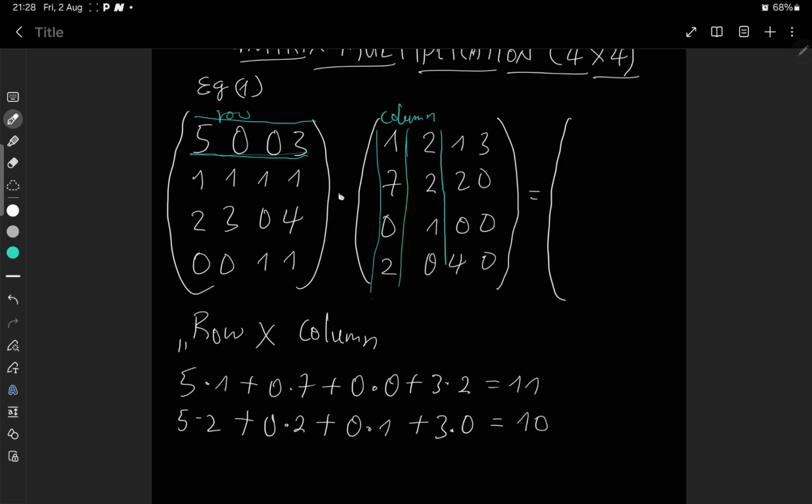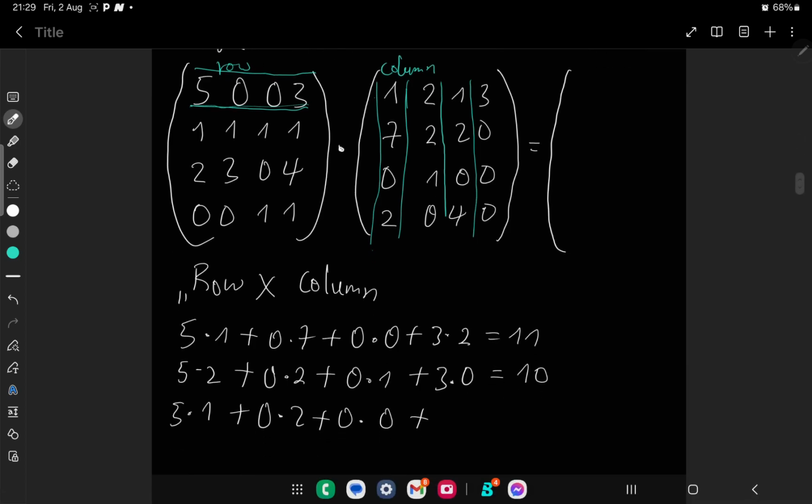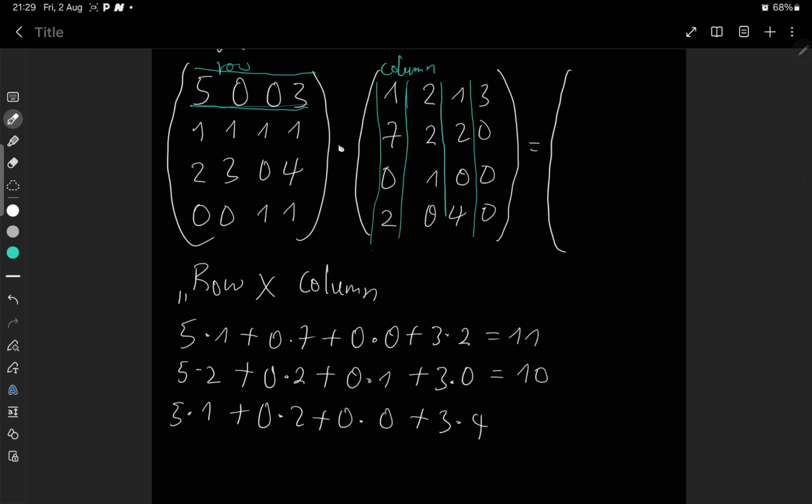So coming to the third column here, we have 5 times 1 plus 0 times 2 plus 0 times 0 plus 3 times 4.